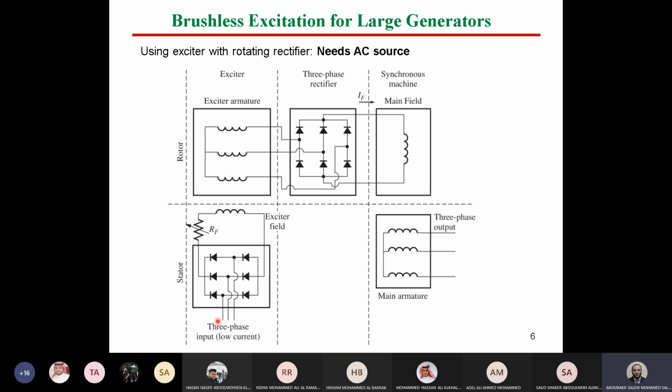After conversion from AC to DC, this will supply the stator winding of this machine, which is the field winding of a DC generator. The armature of a DC machine is on the rotor side, so here we have the armature windings of the DC generator.